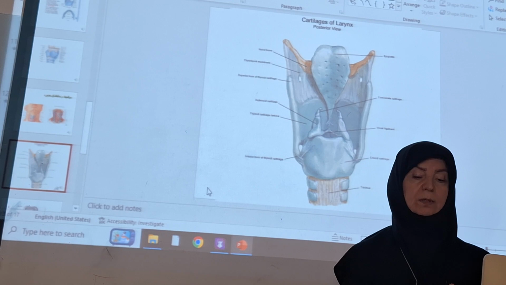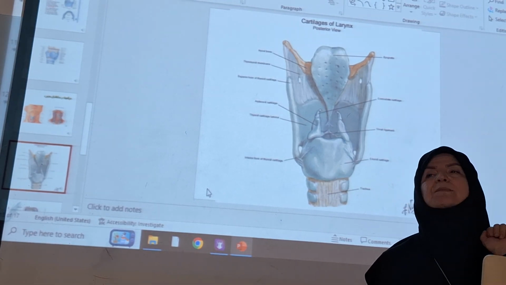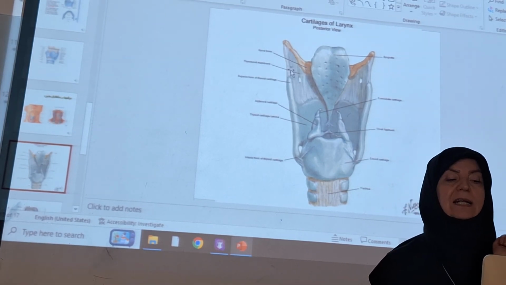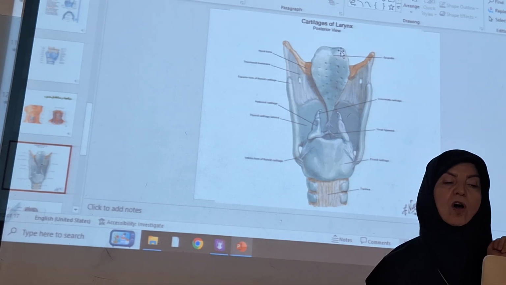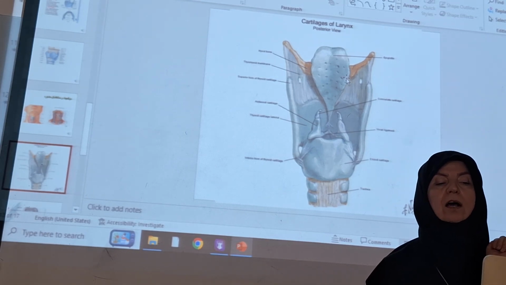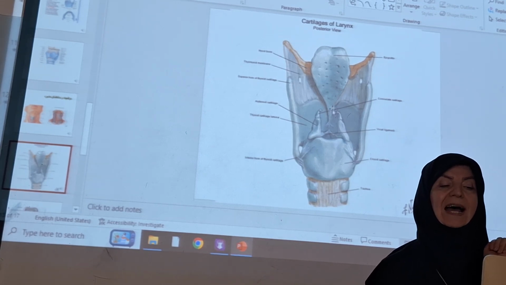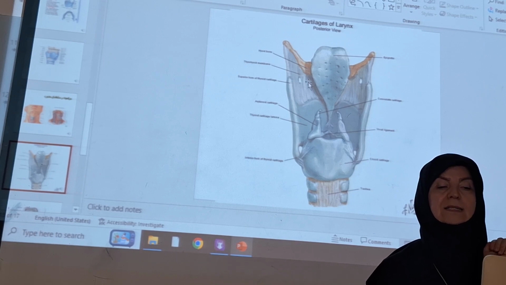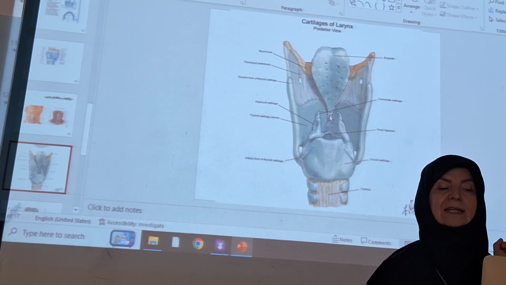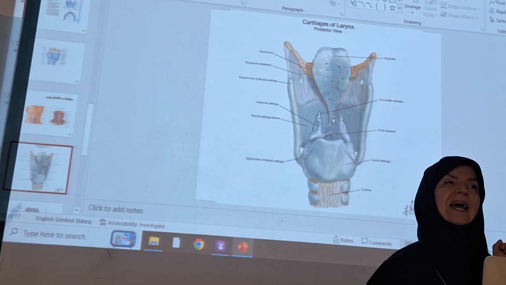Epiglottis. It is like a spoon. It is a leaf-like cartilage, a triangle, leaf-like cartilage. This epiglottis has a body that is wide and a stalk that is narrow.